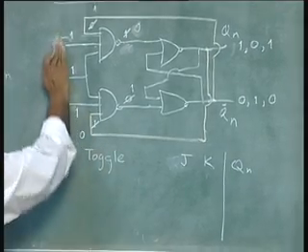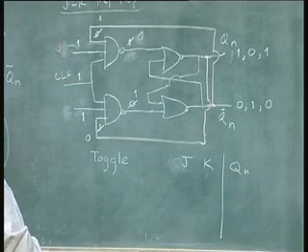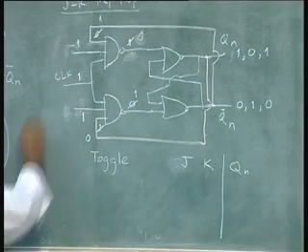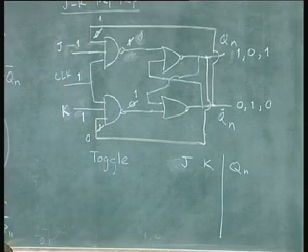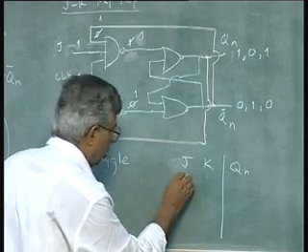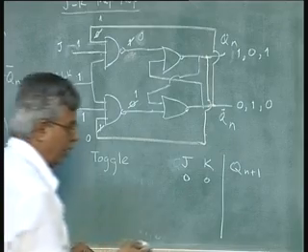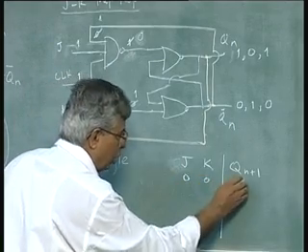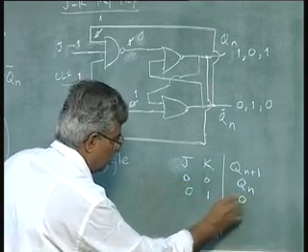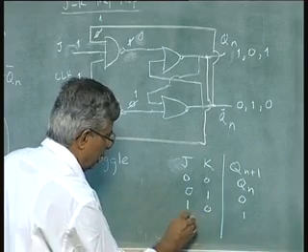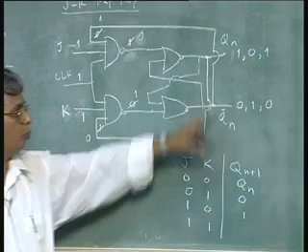We will call this JK instead of SR. The JK flip flop works like an SR flip flop for the inputs 0 0, 0 1, 1 0, but for the condition 1 1, which was not permitted in the SR flip flop, we have now established that the output changes.